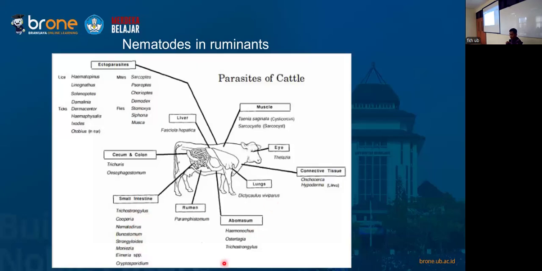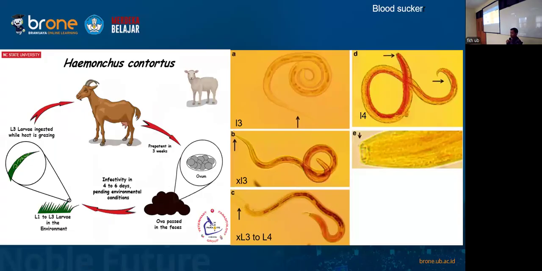And in the abomasum, you should know about Haemonchus and also Trichostrongylus. For the other ones, if you want to enrich your knowledge or insight, please read the book from Dr. Jessica. Okay. And now the first one is about Haemonchus contortus.